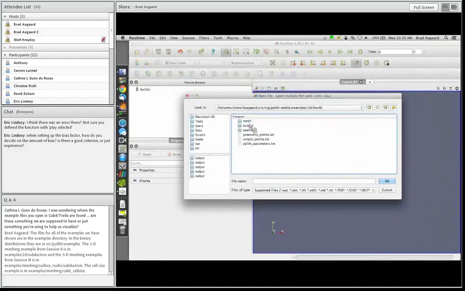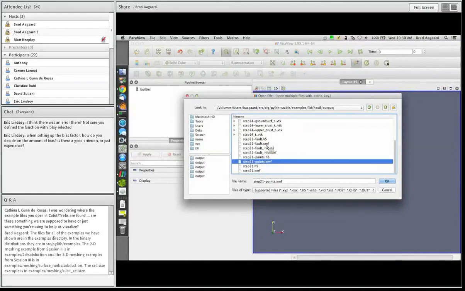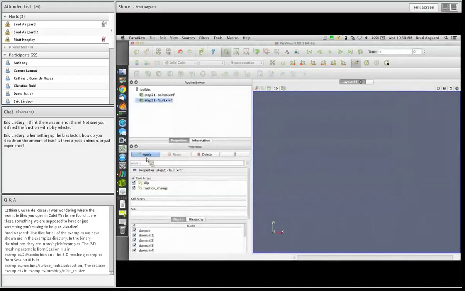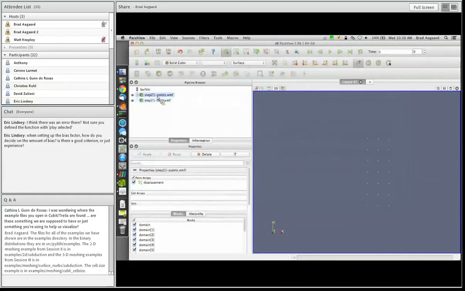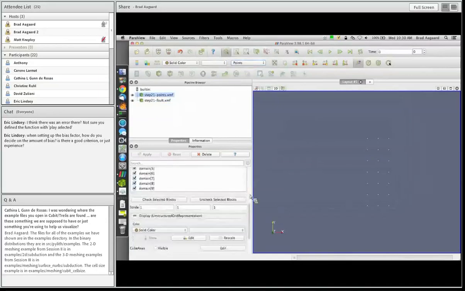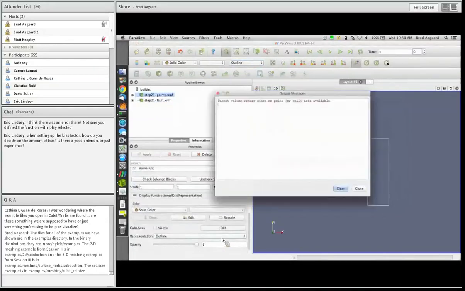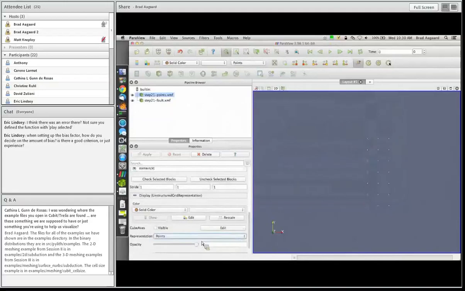Let's color the points by displacement magnitude. On the fault, let's show the slip, but instead of magnitude, we're going to show the X component. Let's show the surface with the edges. I think I'll show a few things from this side over here.